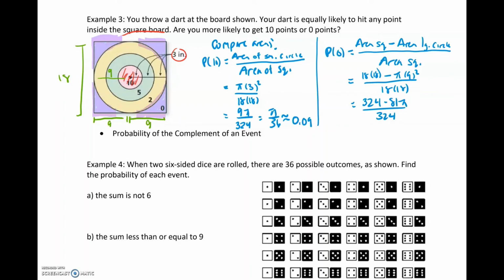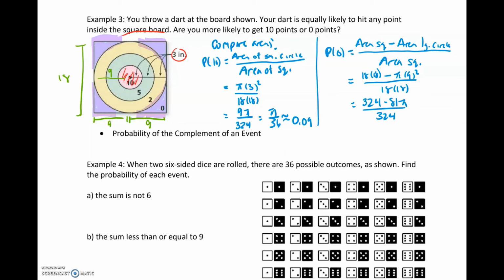Please don't be tempted to tell me 324 over 324 becomes 1, and this is just 1 over 81 pi, or 1 minus 81 pi. We cannot simplify this. Please don't simplify this. What you're going to do is do this in the calculator. Do 324 minus 81 pi, see what we get there. And again, it's okay to use a decimal because we're just figuring out which one is more likely. So we're not actually worrying about giving the actual exact number today.